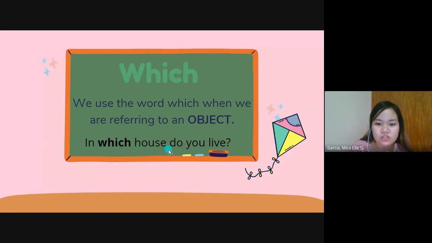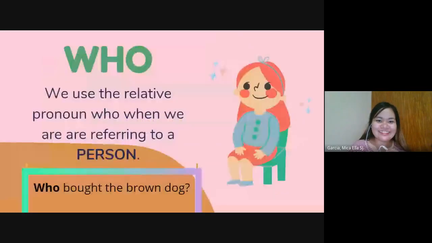Again, what part of speech is house? House is a thing, right? Yes po. That's why we use the relative pronoun which. I hope everyone is listening and understands what I am talking about.